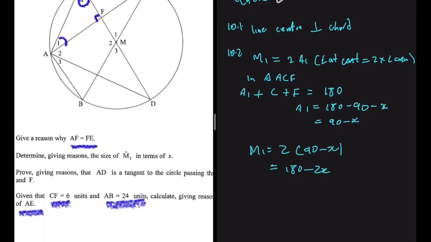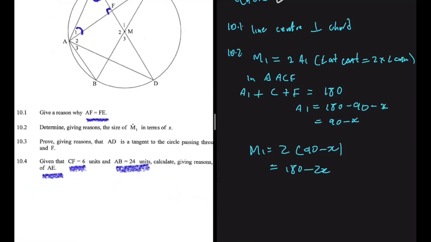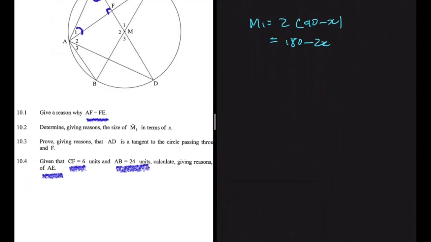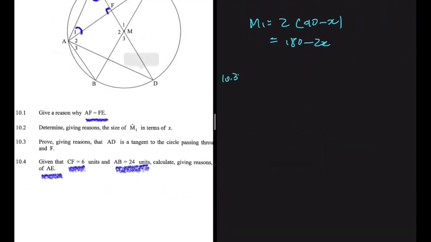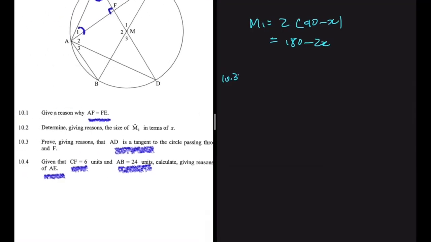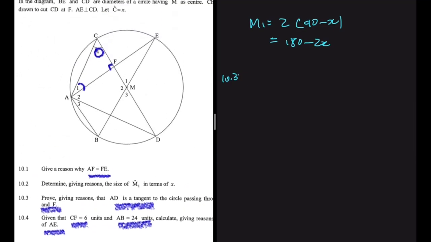And now moving to 10.3, we're almost at 10.4 now, the interesting question. So 10.3 is saying, let's provide reasons that AD is a tangent to the circle passing through A, C, and F. These questions can be a bit challenging, right?